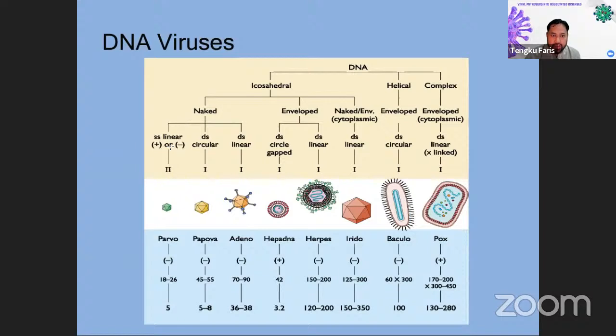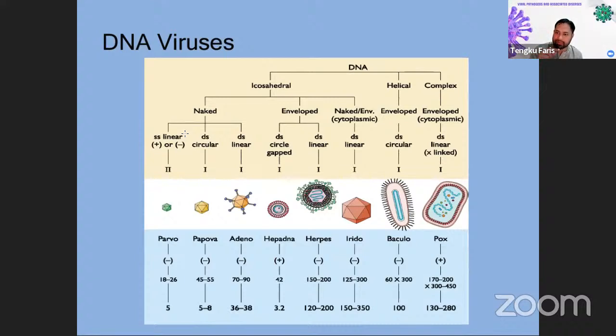For the naked one, you can see this SS linear. SS means single-stranded. DS here is double-stranded. So SS linear means single-stranded, but in a line, just a linear structure.